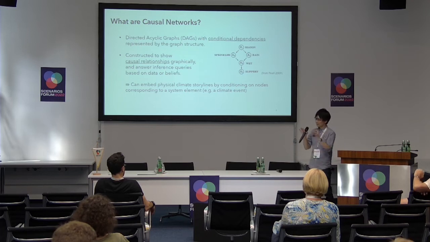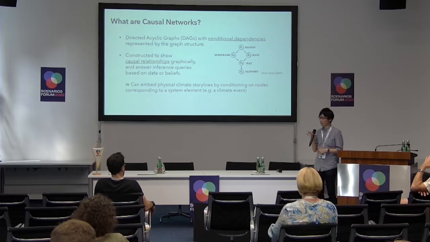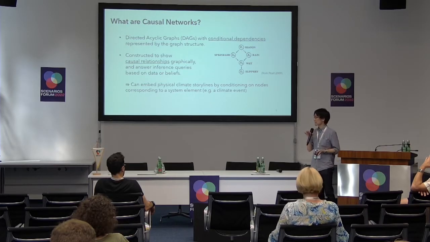So the analysis is conditional on those events. By mapping those elements and mapping the elements downstream, we can use the causal network as a tool to analyze the climate storyline.